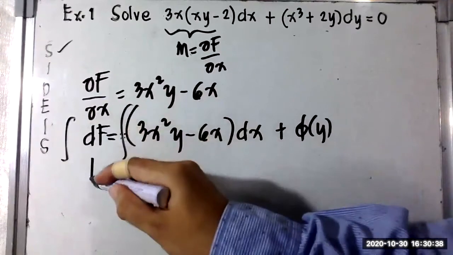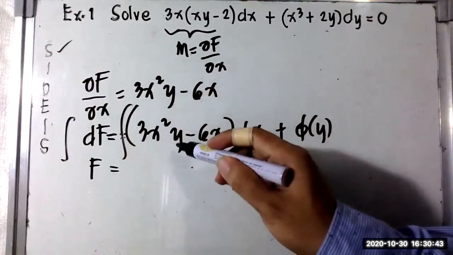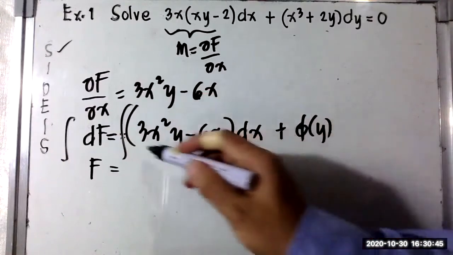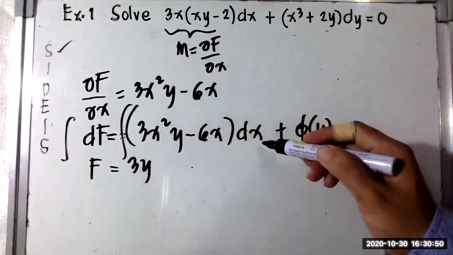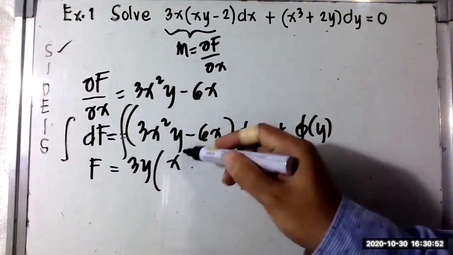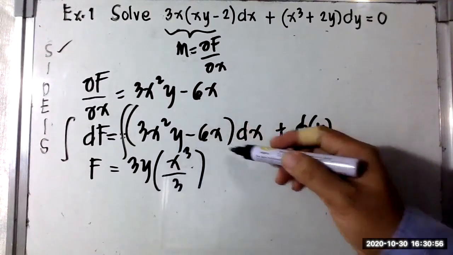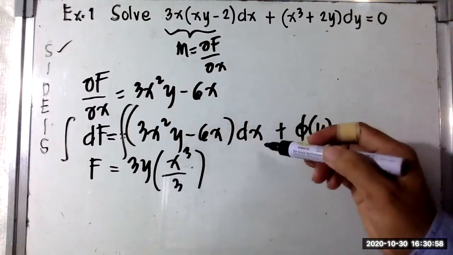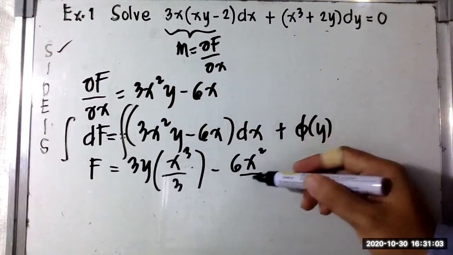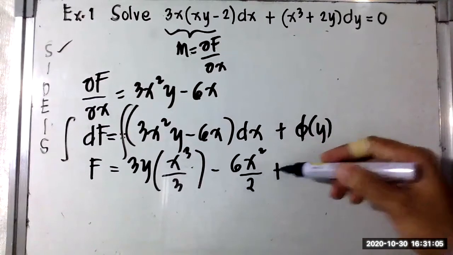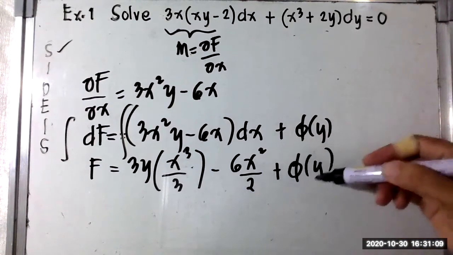So we have f equal to, for the first term 3x squared y dx, y is held constant, so you just copy 3y and integrate x squared dx. It will give us x cubed over 3. For the second term, a pure function of x, minus 6x dx, we'll integrate that. It will give us 6x squared over 2. And then you copy the constant of integration, phi of y.